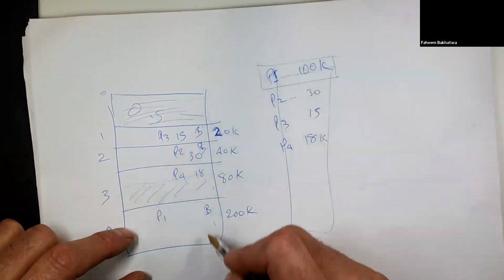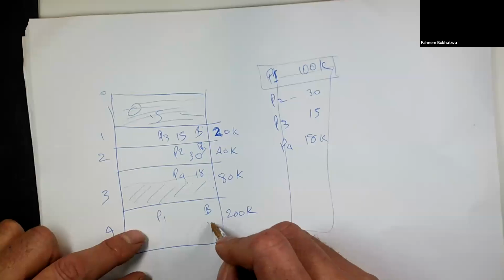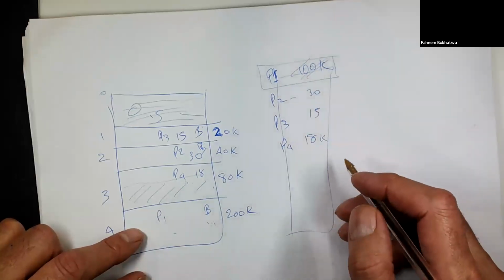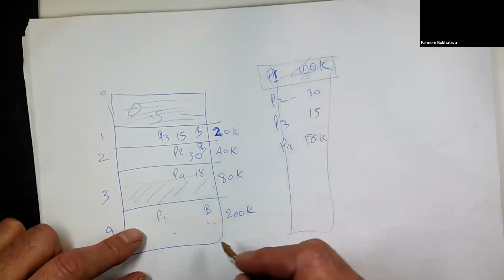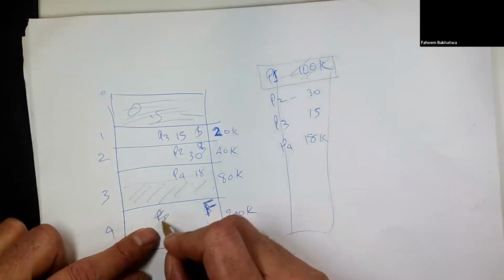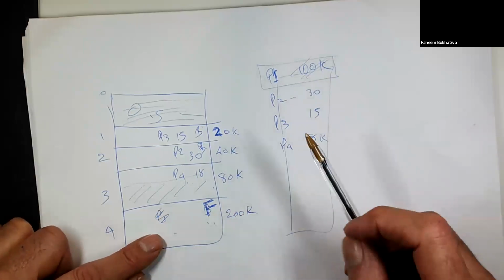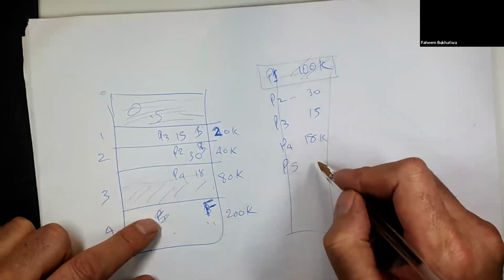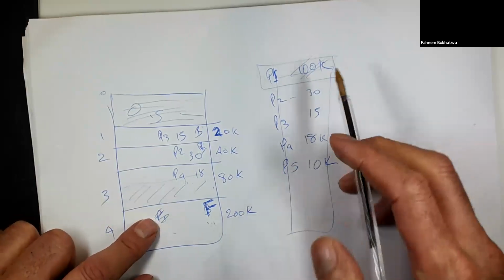Let's say then program number 1 is finished. So deallocation happens. Now this is free. This is the only block that's free now. Another program comes in, program number 5. Let's say it also needs 10K.